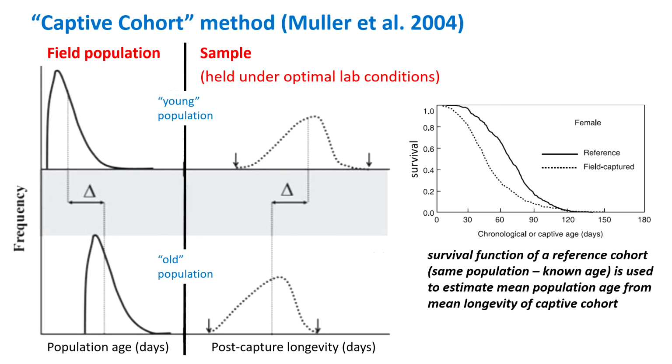So if you have a very long survival of the sample in captivity, that should reflect a very young population, and the inverse is true where you have females dying very quickly in captivity. That would indicate a very old population.